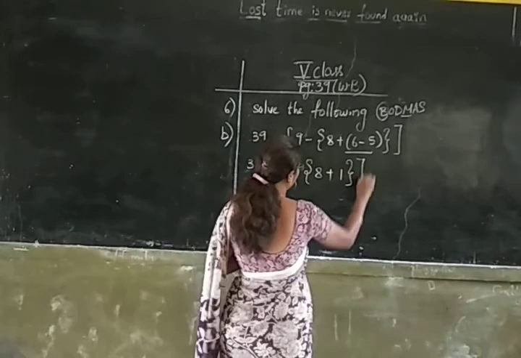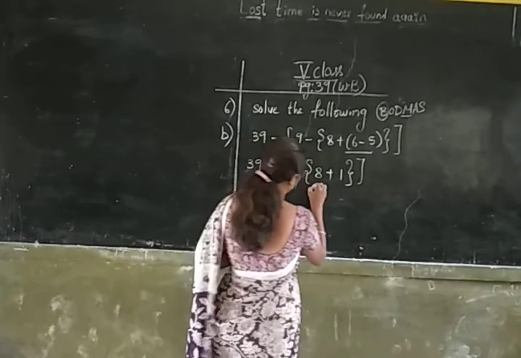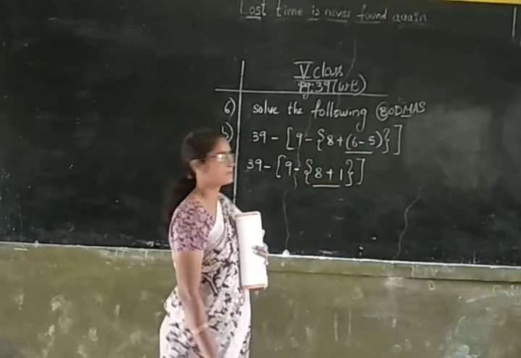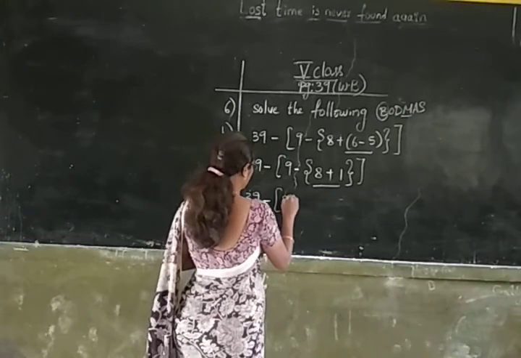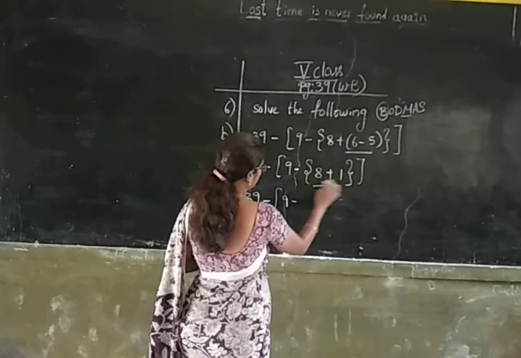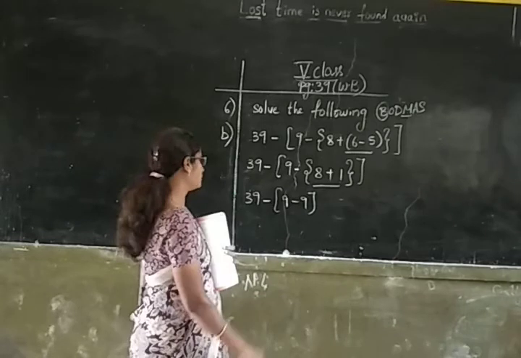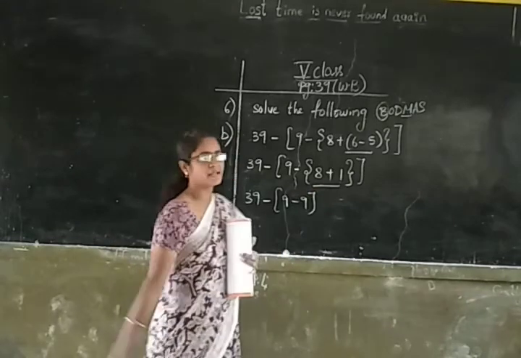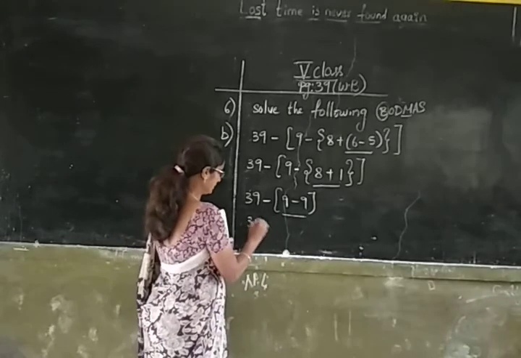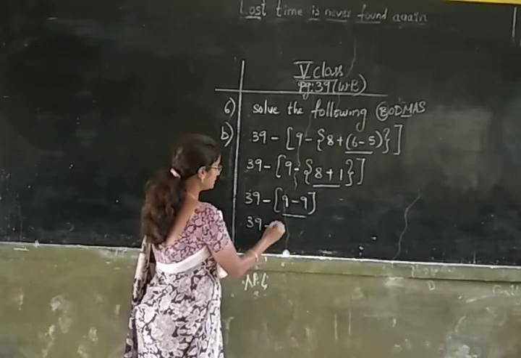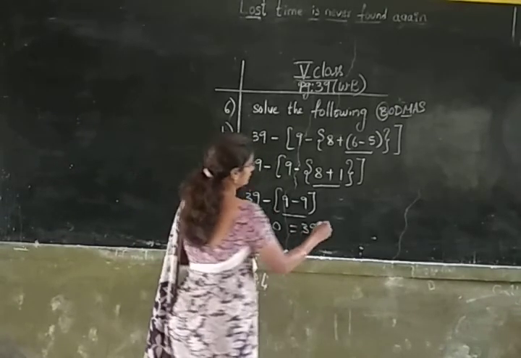Next we have to solve the terms inside the flower bracket. 8 plus 1 is 9. So after solving the terms in the flower bracket, we have to solve the terms in the square bracket. So 9 minus 9 is 0. 39 minus 0 is equal to 39.